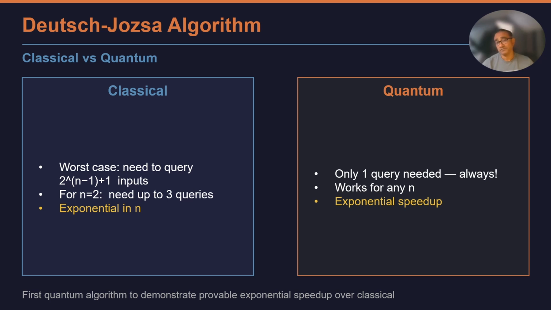And if you apply this formula for n equal to 2, you have to perform 3 queries. And this is very easy to achieve if you just follow the steps.